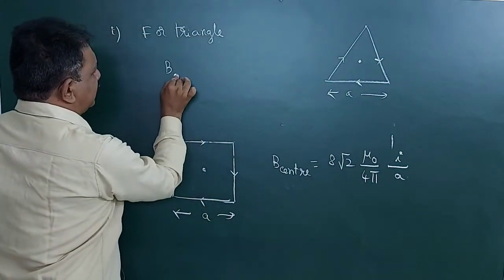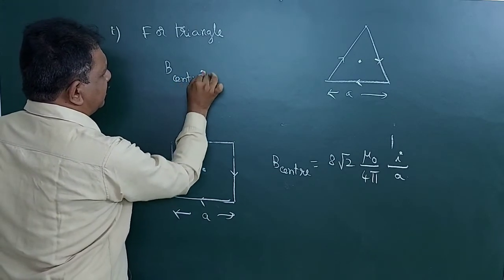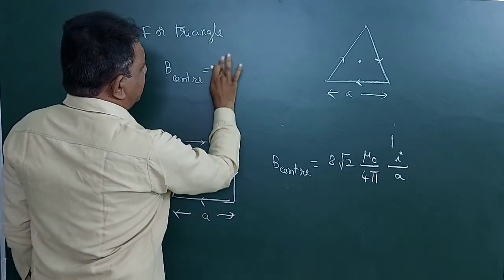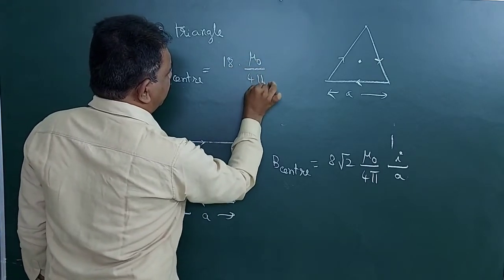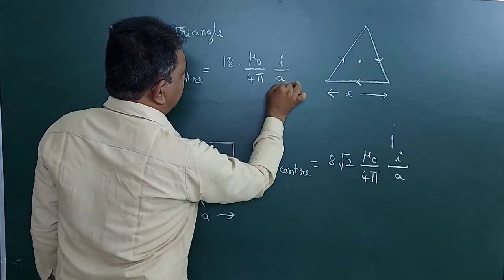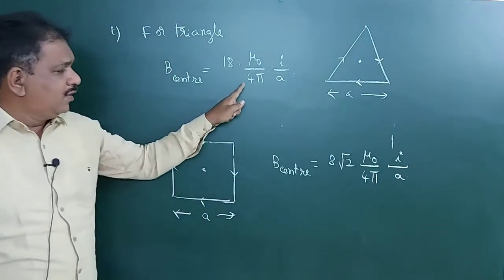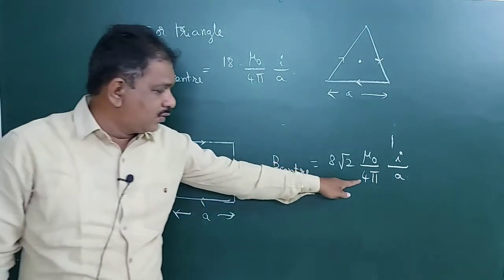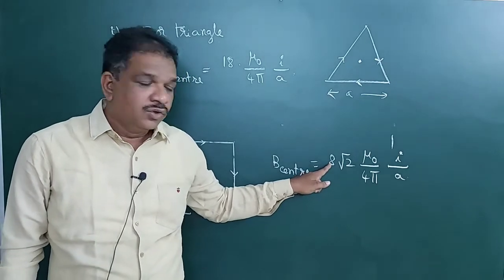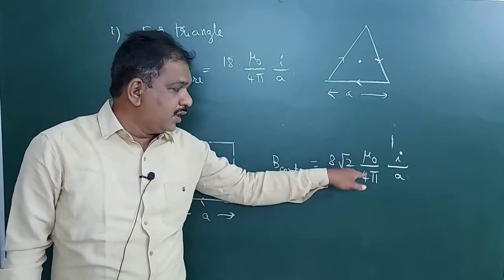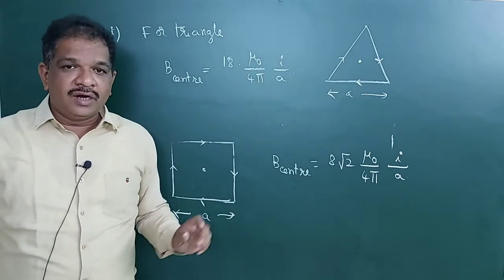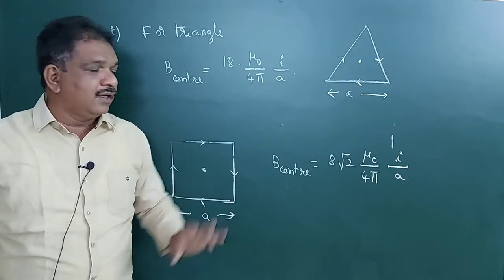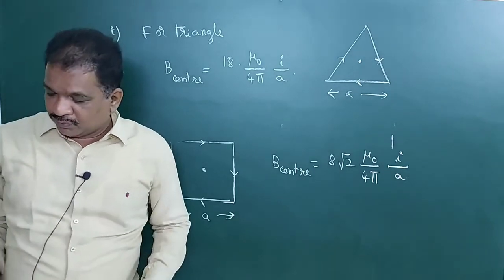B center is equal to, center meaning here the centroid, 18 mu naught by 4 pi I by A. In some problems, 2 will cancel, here also 4 and 8 will cancel and they will give 2 root 2 mu naught I by pi A. Here 9 mu naught I by pi A. Like that they will give.